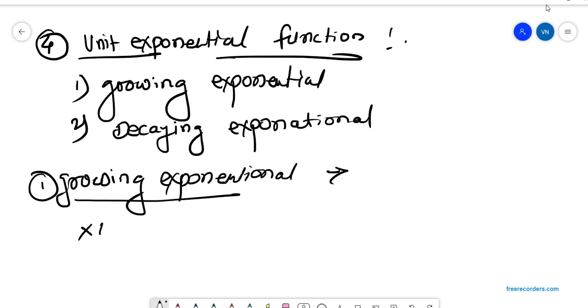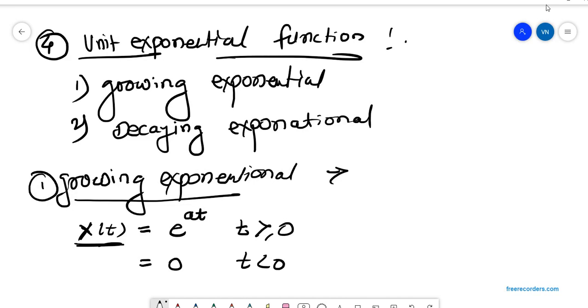so if this is a symbol or representation of growing exponential, x of t equal to e raised to at for t greater than or equal to 0 and 0 for t less than 0. So how can we define this?